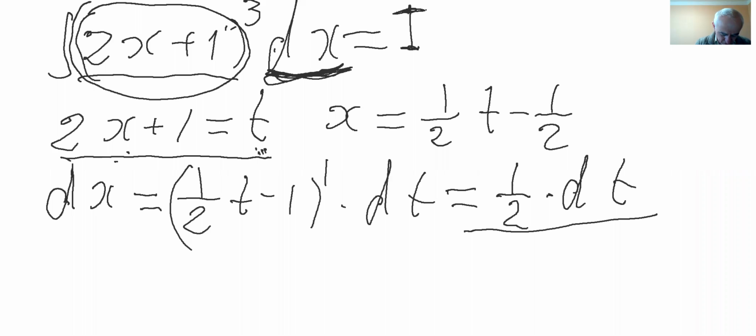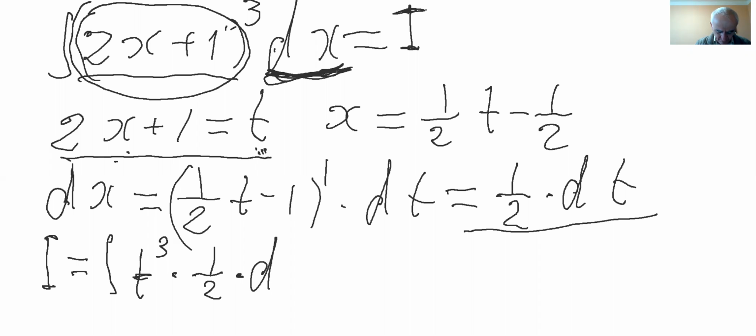So let's continue and write down the integral I. It's the integral of (2x plus 1) cubed, which means t cubed, times 1 over 2 dt.